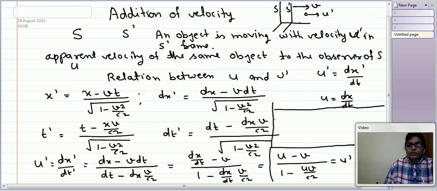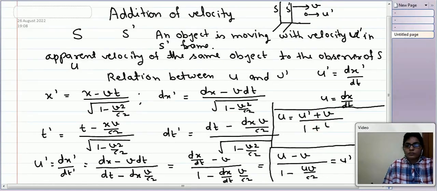The inverse relation is u is equal to u dash plus v divided by 1 plus u dash v by c square.